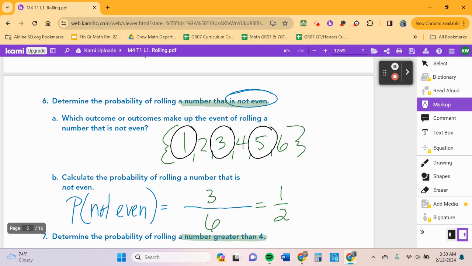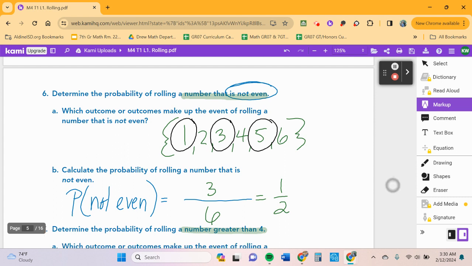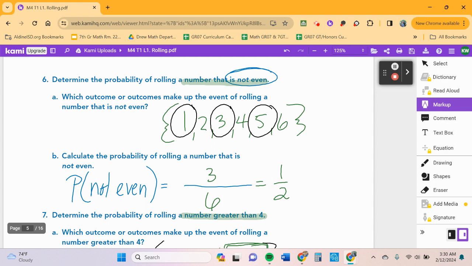So those numbers are 1, 3, and 5. So the probability of it not being even is also 3 out of 6 because we circled 3 different outcomes. And that simplified to be 1/2 as well. So half of those numbers, I might have a chance of rolling a not even number.